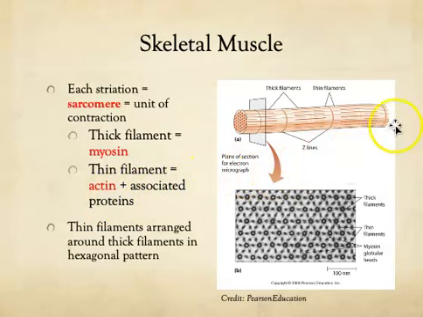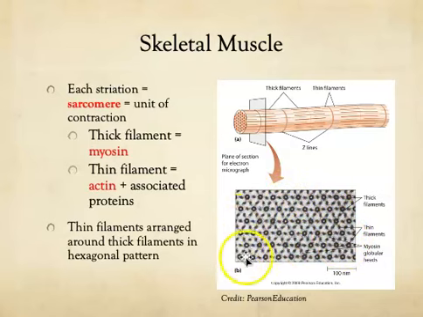When you take a myofibril out of a muscle fiber, like this one, and you cut it in a transverse plane so that you're looking at a cross section, you would see something like this. You would see the face of that cross section, and you would see all of the thick and thin filaments inside. What you're looking at down at the bottom here is that face, that cross section through a myofibril.